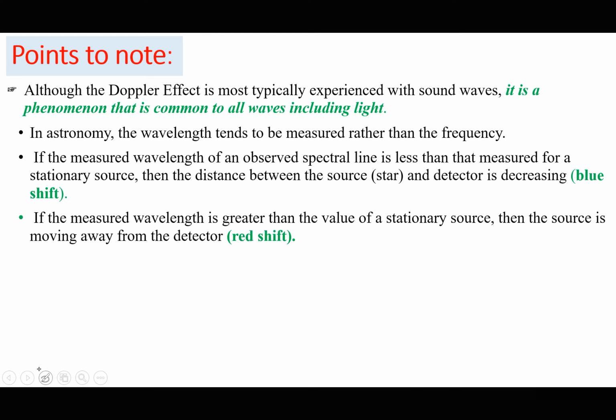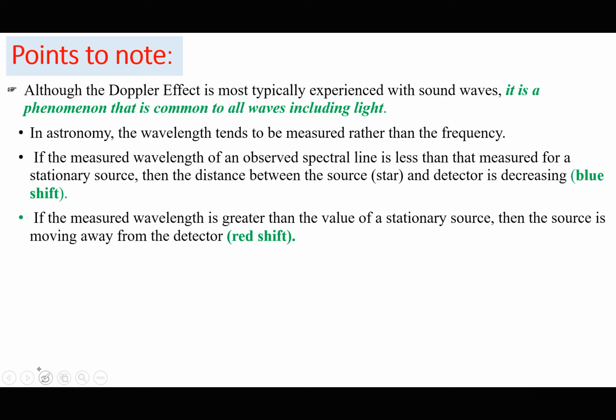If the measured wavelength is greater than the value of a stationary source, then the source is moving away from the detector. So a greater wavelength means a smaller frequency, which would indicate that the source is moving away, which is similar to Doppler effect of sound.